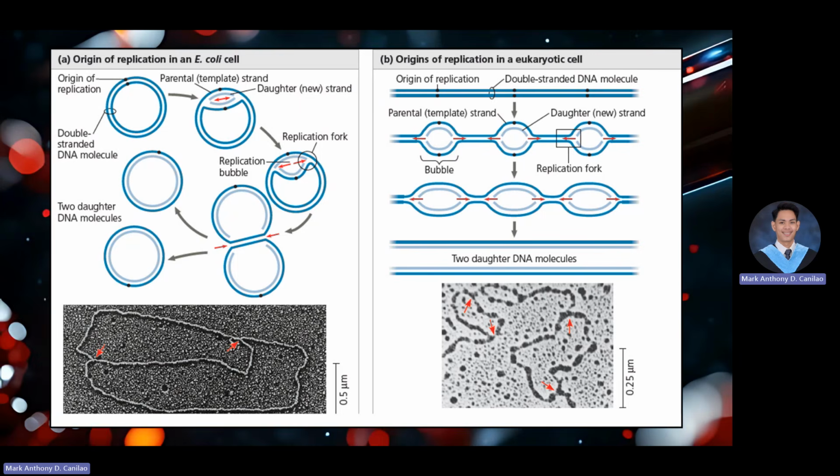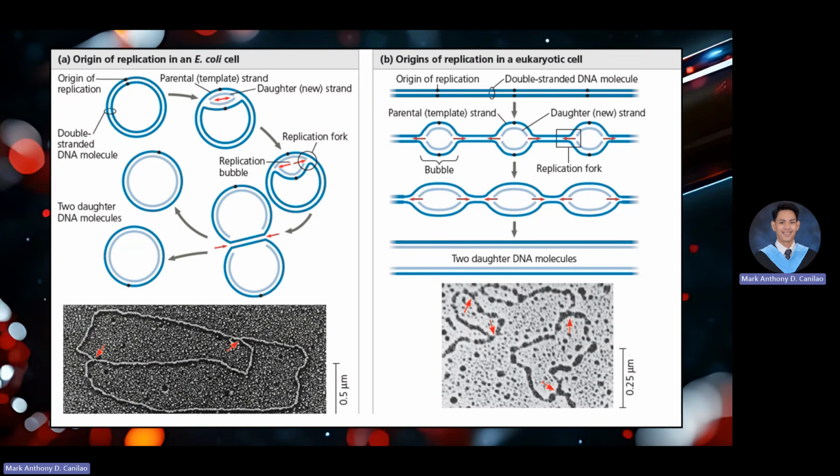In our example, we have E. coli as a bacteria, and as you can see, in the first part, the parental template strand is unwound or unzipped by the helicase, and what comes after, it will form a replication fork. A bubble will also form, and then at the end of the whole process of replication, there will be two daughter DNA molecules that have been formed in the E. coli or bacteria.